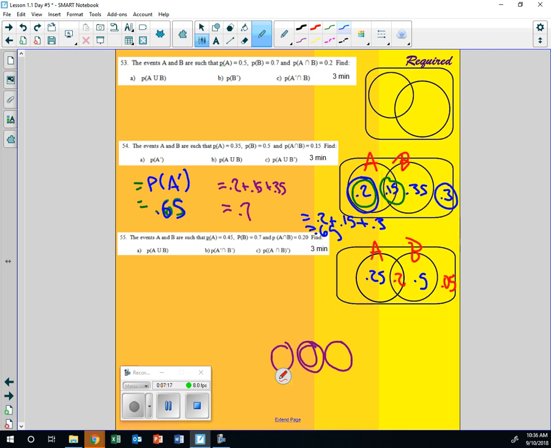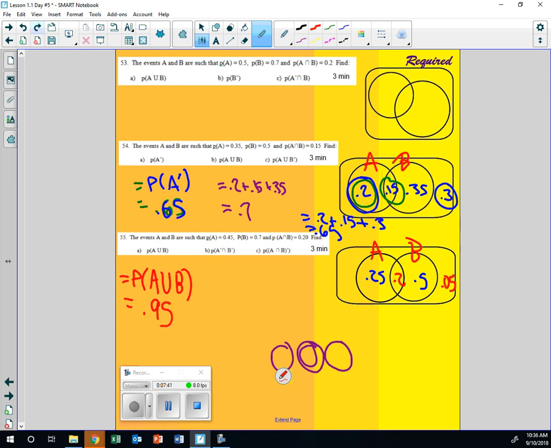Now we're good. So what's the probability of A union B? Well, A union B is going to be any of these three. So that's going to be point what? 0.95, yep.